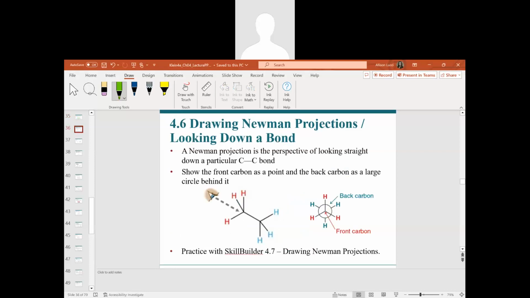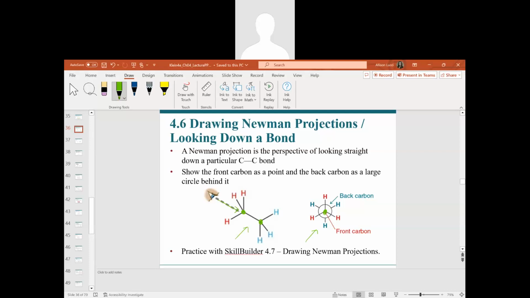So let's try to imagine, this is that sawhorse form from our Newman diagram over here. So we have our front carbon over here that we are looking at. So this is our line of sight. And then to correlate that with the Newman projection, that's right here. And then our back carbon, the circle carbon, is this dot right here.